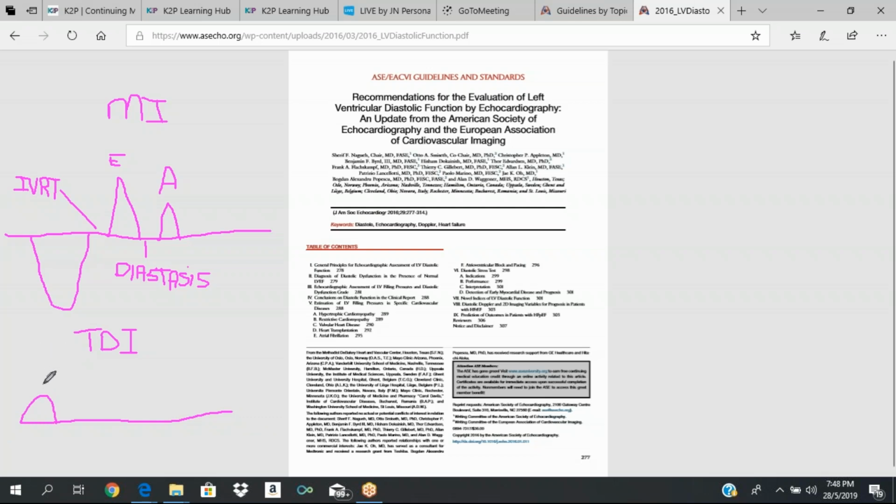The base of the heart moves upwards, towards the transducer, so we get an S prime. And in diastole, the base of the heart moves away from the apex, and we have an early diastolic component. We call that the E prime. And then we have a late diastolic component we call the A prime. So this is E prime, and this is your A prime.